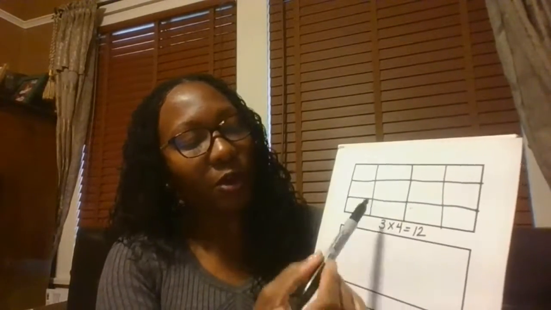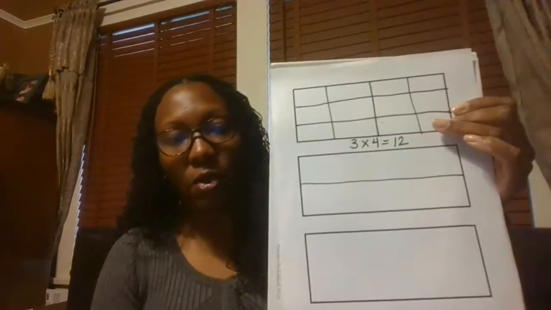And using our commutative property, if 3 times 4 equals 12, then we know that 4 times 3 also equals 12. So let's look at it that way. Partition our rectangle. Partition it here.